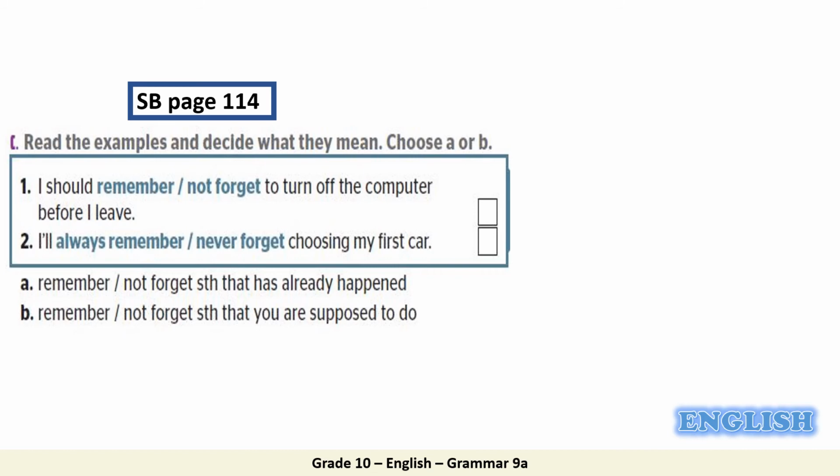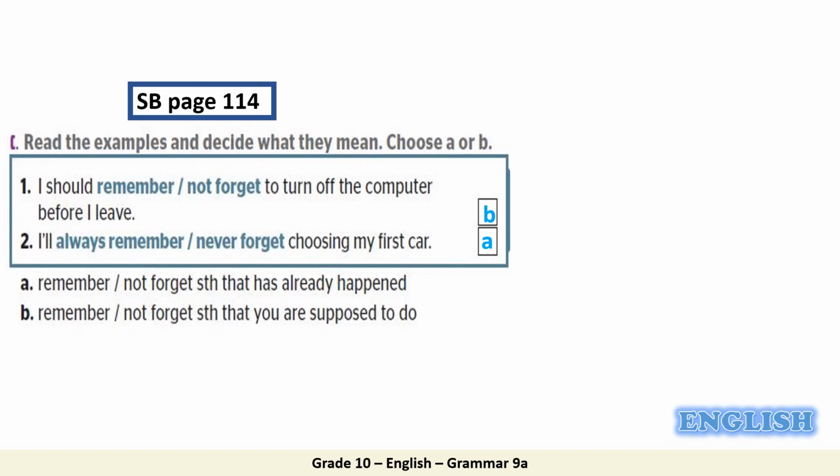And here we have remember or not forget something that has already happened, or remember or not forget something that you are supposed to do. So for the first sentence, that's the use B, something that you are supposed to do. And for the second one, we have the option A, something that has already happened.